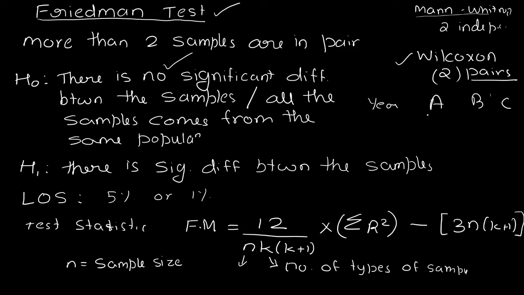Now if we are comparing rainfall at three places, that means my k will be 3, and if we are comparing it for 10 years, then my n will be 10. This is the difference between n and k. You have to be careful with this. They look quite similar. Now we'll see how this test is applied to an example.